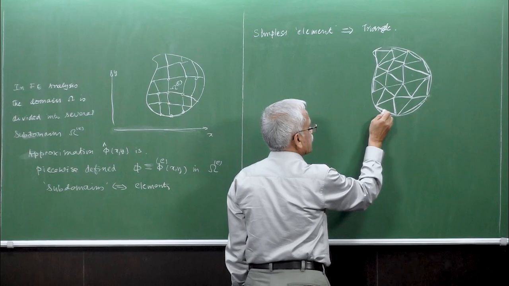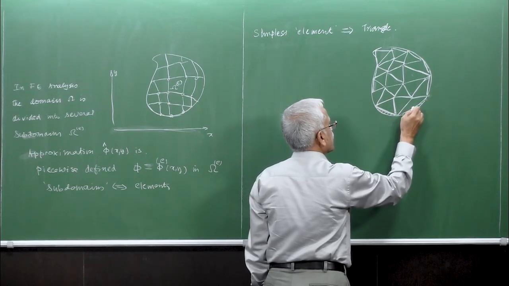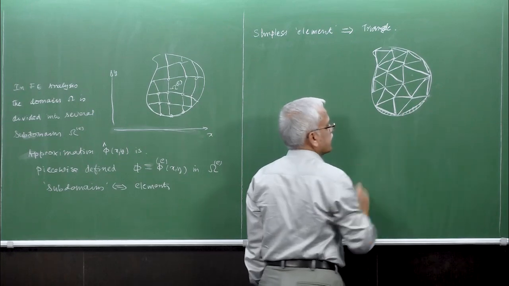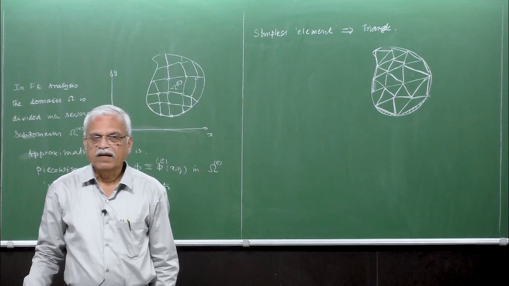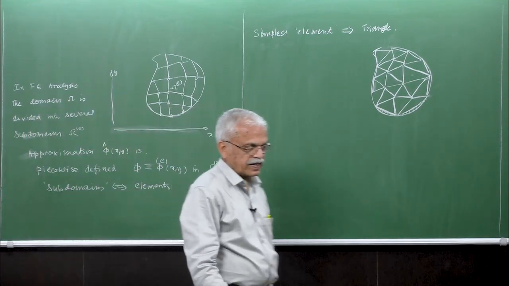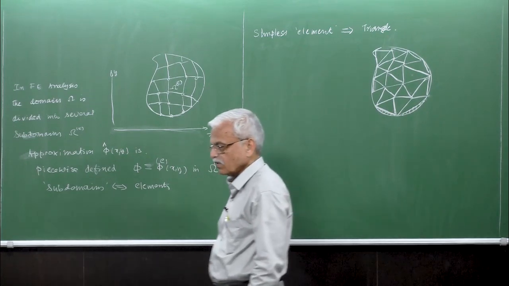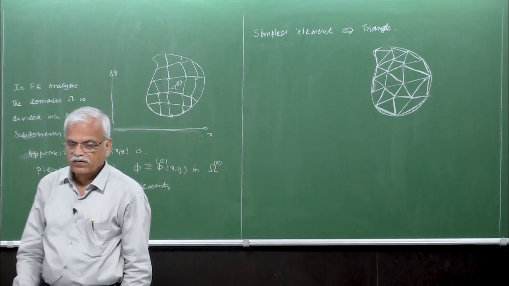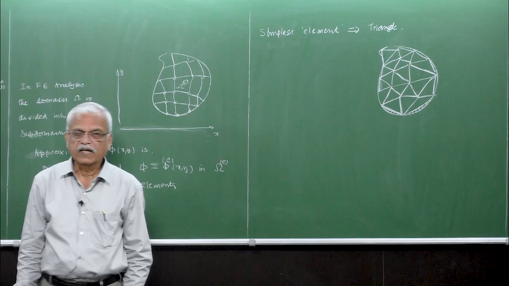Particularly when you talk about the boundary, there is a small zone here which is not represented by any element. So this is some kind of error, and of course we will talk about this error a little later. This is one of the errors where the geometry cannot be fully represented by the mesh we take.